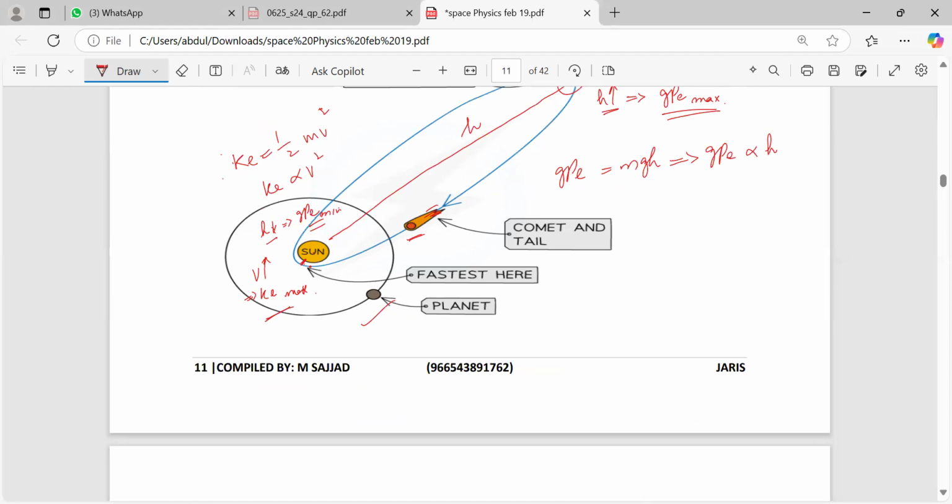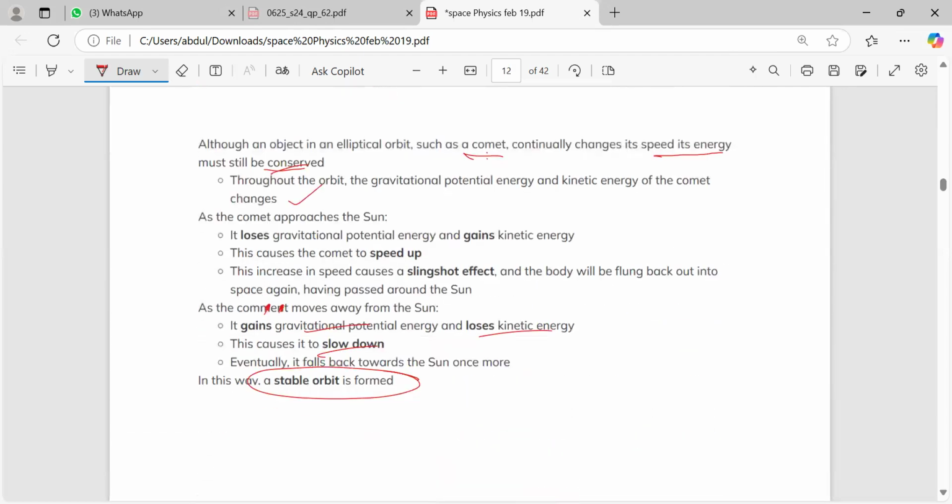GPE is directly proportional to the distance or height from the surface of the body, so GPE will be minimum, but that loss in GPE is converted to a gain in KE, and as a result, kinetic energy increases because speed increases and GPE decreases. That's what is mentioned here. Again, I'm reading: as the comet approaches the sun, it loses gravitational potential energy and gains kinetic energy. This causes the comet to speed up.